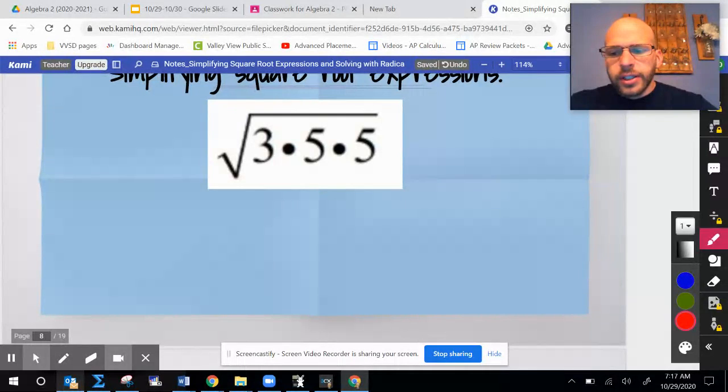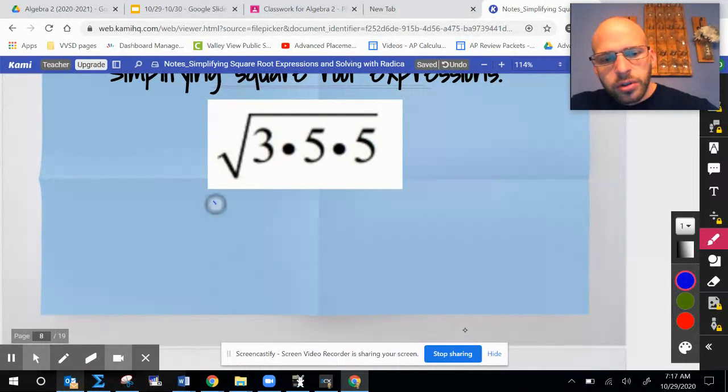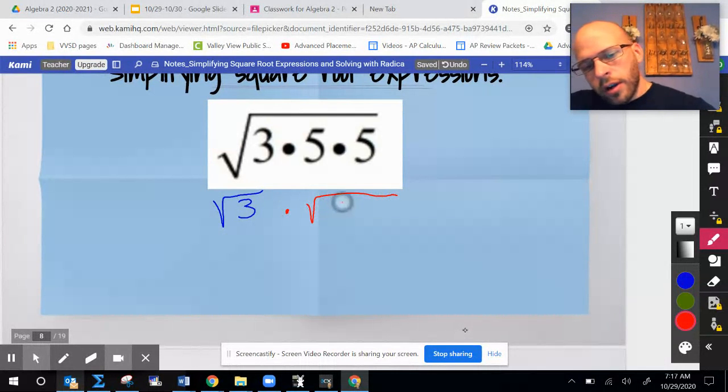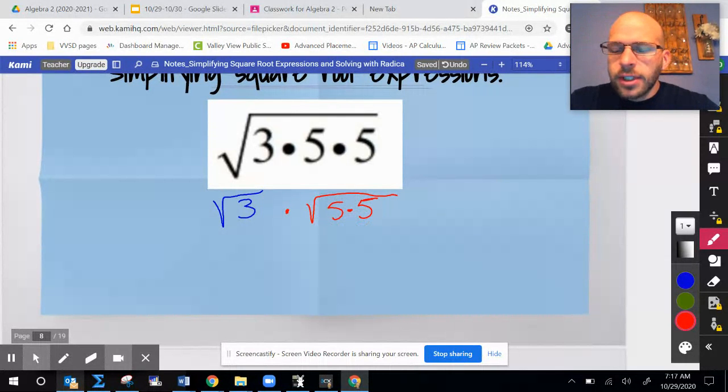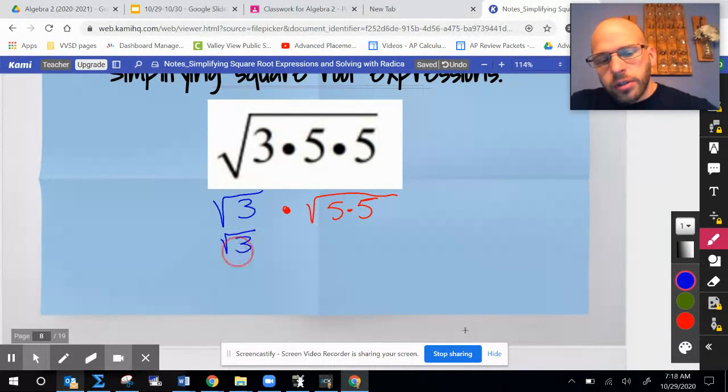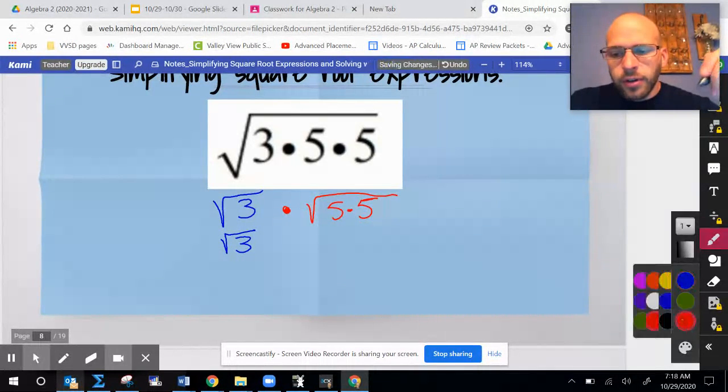If you take a look at this, I'm going to break this up into two groups. I have the square root of 3, and then I have the square root of 5 times 5. Notice I put the two 5s together. You can't really break down the square root of 3 any further.